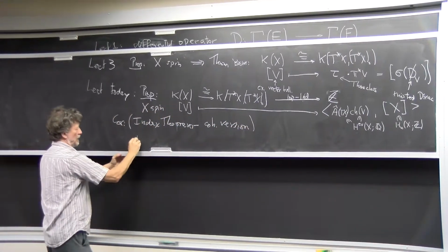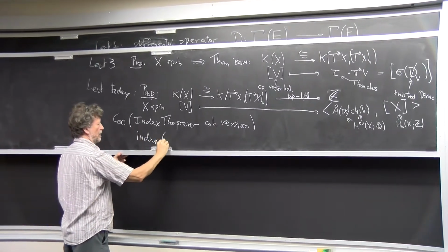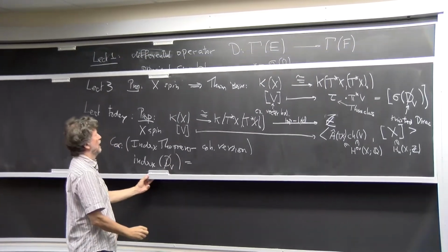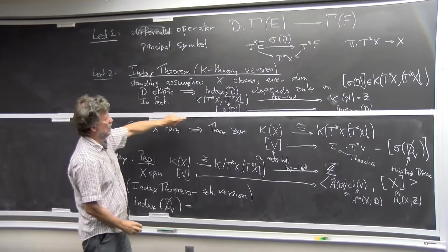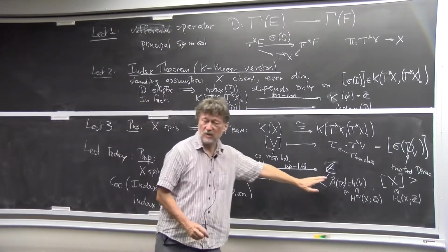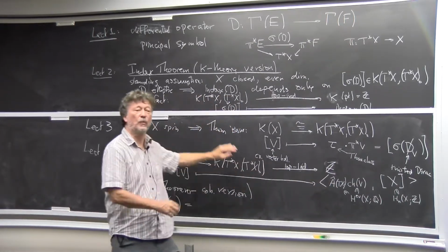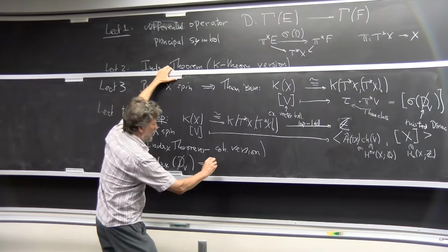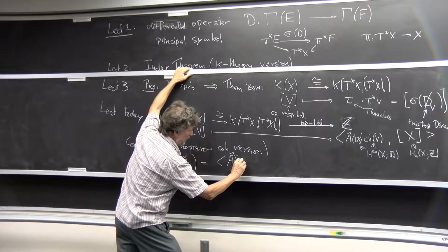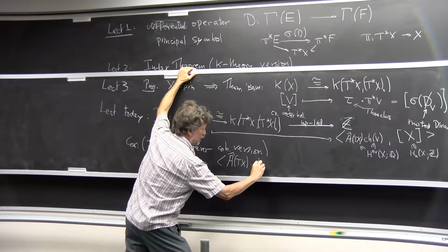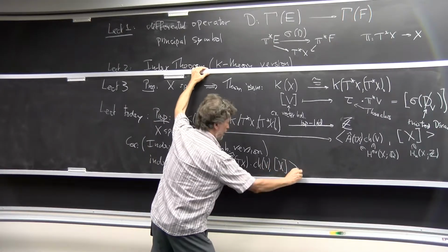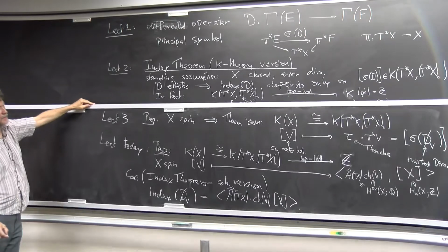It says that if you calculate the index of this twisted Dirac operator, by the abstract theorem here, it would be given by taking this class and mapping it under this composition. But now we have an explicit formula for this composition. So this is given by evaluating the roof genus, the A-roof class of the tangent bundle of X times the Chern character of V, on the fundamental class of X. So that's very nice and explicit.